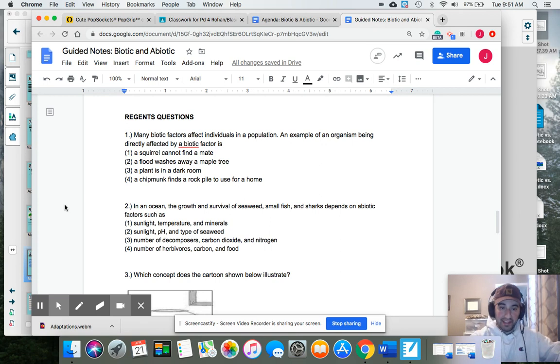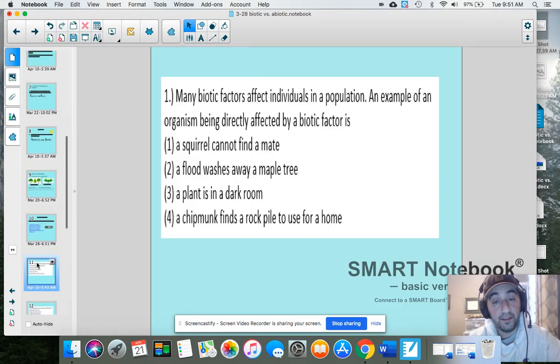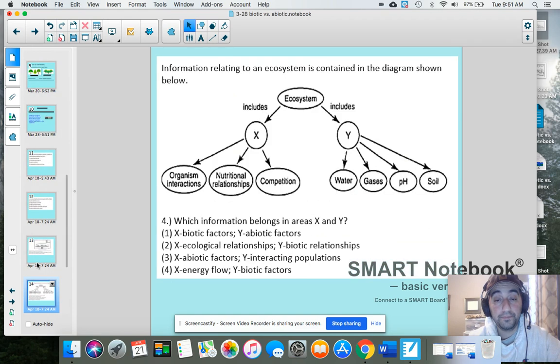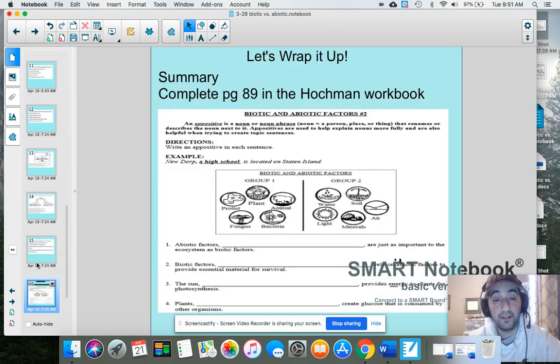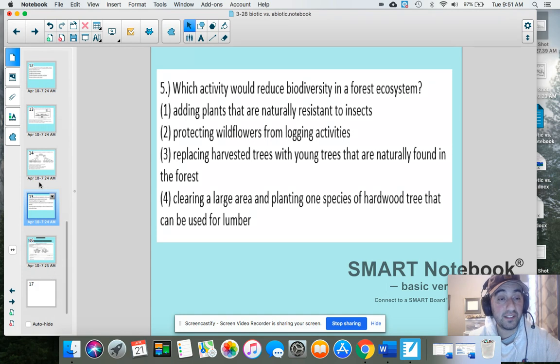So, for example, if you think the first region question's answer is number one, you're going to highlight number one and put it in bold so we understand which choice you selected. After you do the region questions, you have 1, 2, 3, 4, 5. The summary we are going to save for tomorrow.